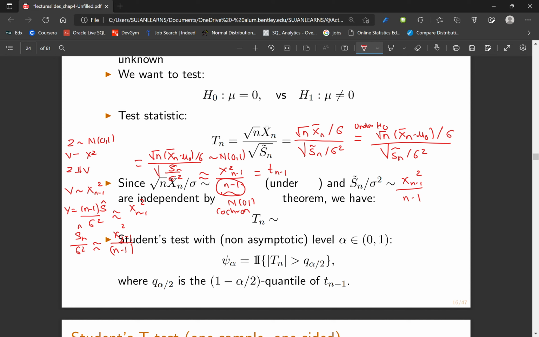Therefore, the statistic of the student distribution is T n minus 1.